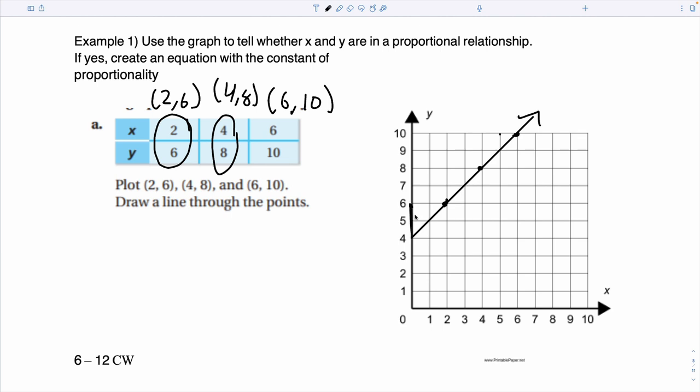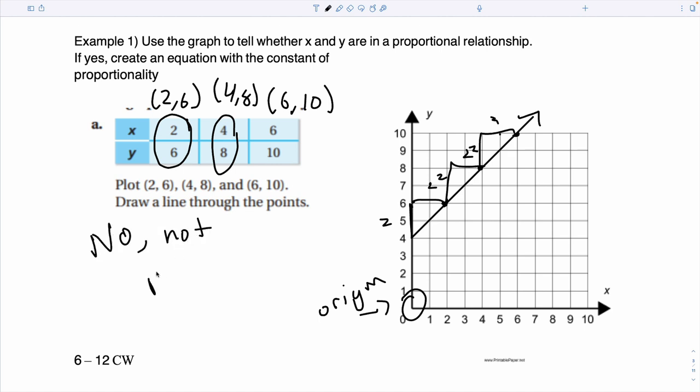And the ordered pair goes up 2 over 2? Yeah, okay. Up 2 over 2, up 2 over 2. It's a straight line. Tessa, what else do you notice? It does not go through the origin. When you look at this graph and you see that it's not through 0, 0, you can automatically say, no, not proportional.